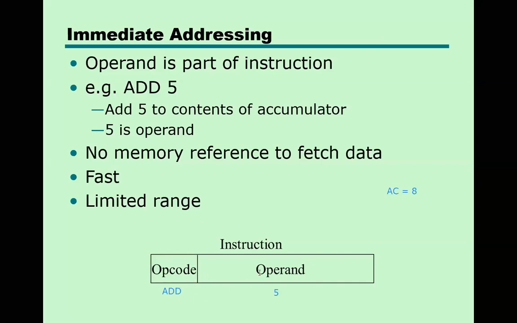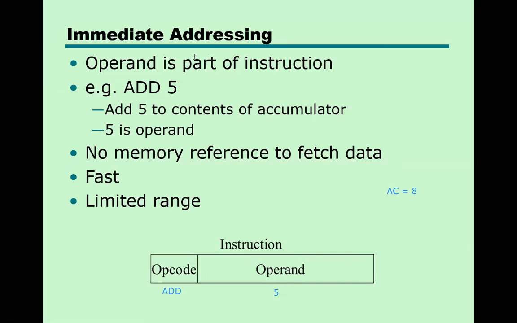And this operand is adding with the value of the accumulator. So add 5 to contents of accumulator. Here we assume the accumulator is holding a value 8 and this 5 value is added with this accumulator. And this 5 is nothing but the operand.